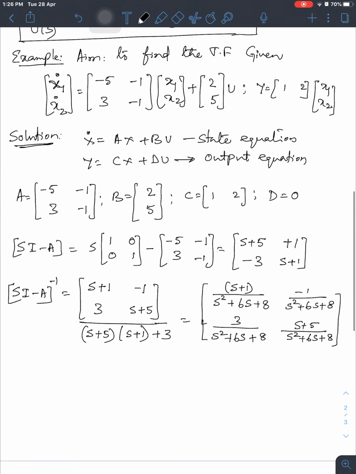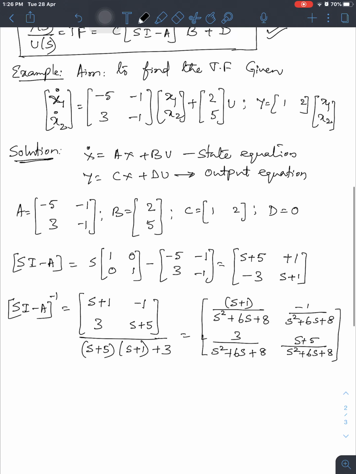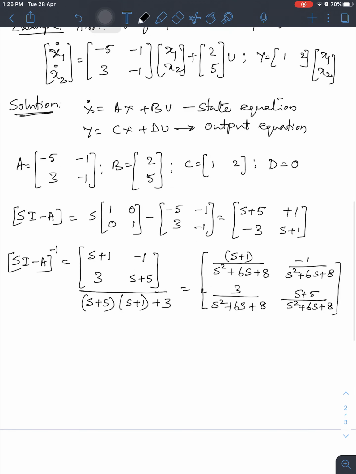Now what is the next step? Having done sI minus A inverse, we may have to pre-multiply this with C. So C into sI minus A inverse. What is the matrix C? We have identified the matrix C as simply 1 and 2. And this is s plus 1 divided by s square plus 6s plus 8.